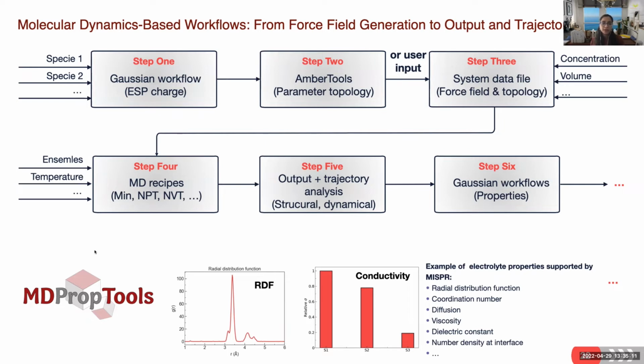For statistical analysis, we have our own standalone MDProp tool that performs a bunch of different analyses for structural and dynamical properties such as coordination number, diffusion, viscosity, etc. And finally, the MD workflows can be coupled back with DFT. So you can have a hybrid workflow or an independent DFT or MD workflow, depending on the requirement.